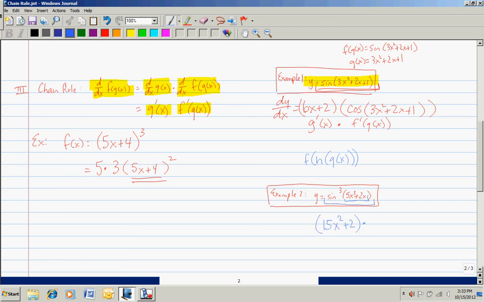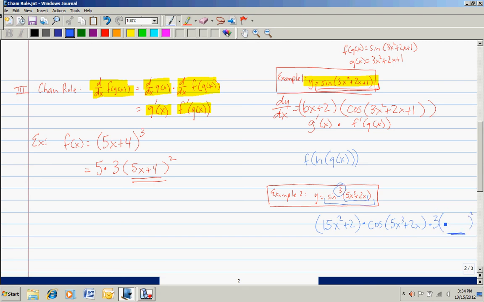Now we work out. The next piece is sine of that. Well, that would be cos of 5x cubed plus 2x. And then the last piece is this cubing function. Well, the derivative of a cube is 3 times whatever squared.